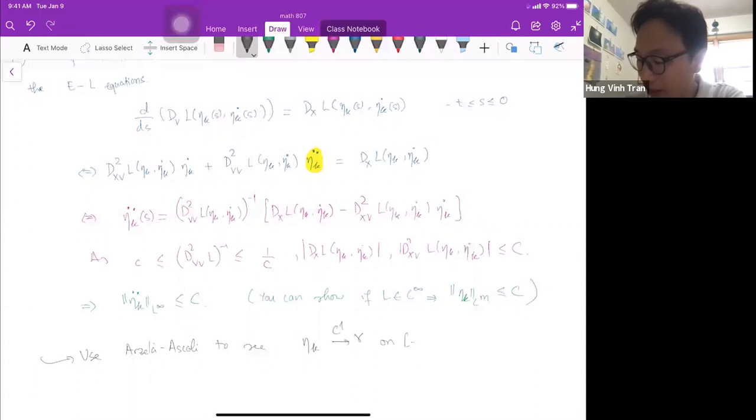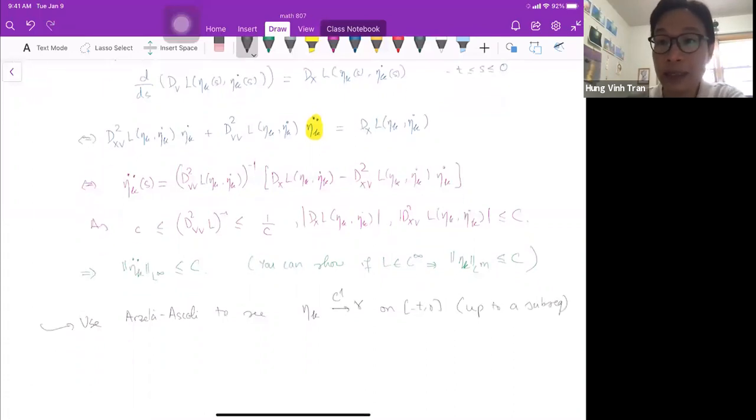On minus T0. So I'm cheating here. I should have said that it's up to a subsequence. Okay. So when eta k converges to gamma in C1 norm, then clearly you would have L of eta k dot converge to L of gamma dot. I mean, this is in a classical sense, right? And hence the convergence earlier.